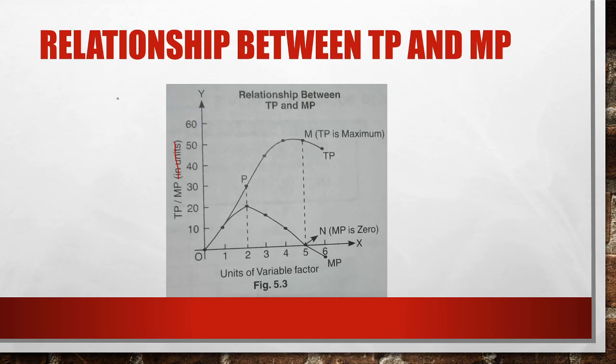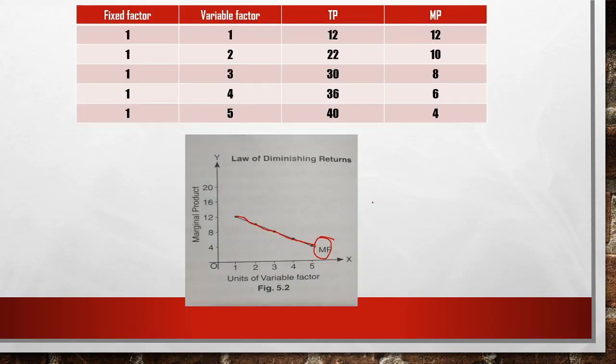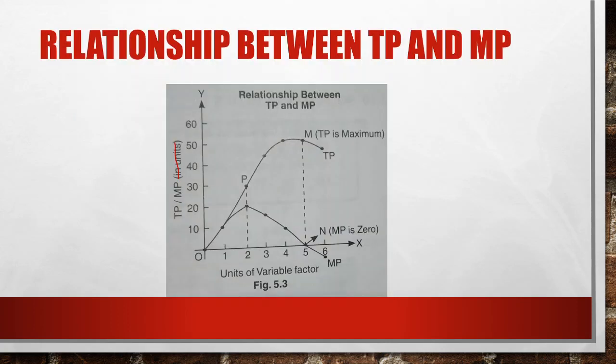Now with the increase in variable factor from 1 to 2 to 3 to 4 to 5 to 6, TP also increases. This is the TP curve. From here to here it increases at an increasing rate, and in this part MP is also rising.